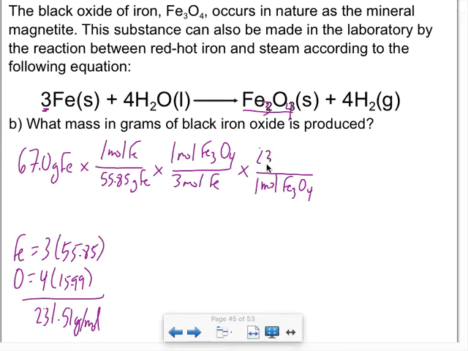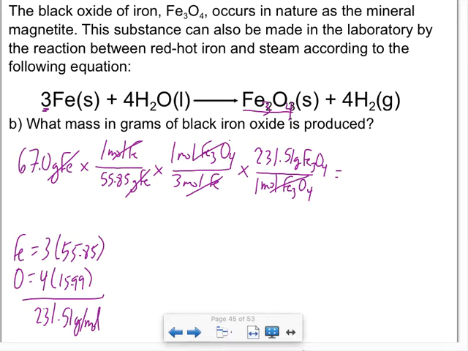So 231.51 grams of Fe3O4 goes on top. My units are going to cancel out. Grams of iron will cancel, moles of iron will cancel, moles of black oxide will cancel, and I'll be left with grams of black oxide.